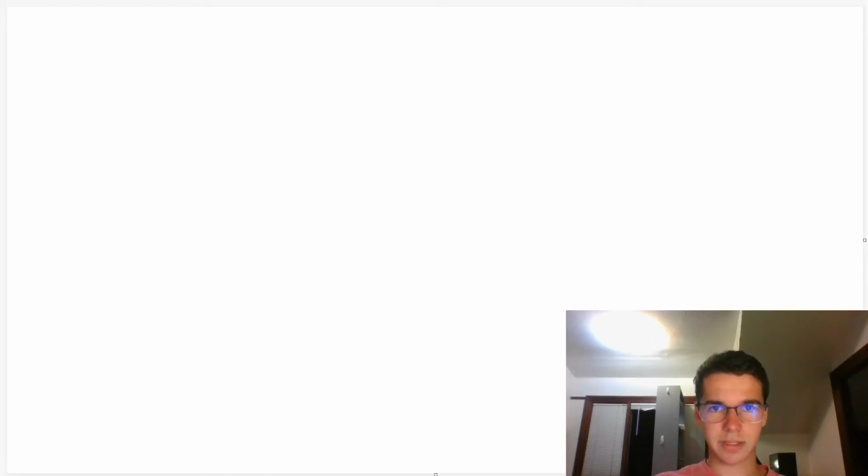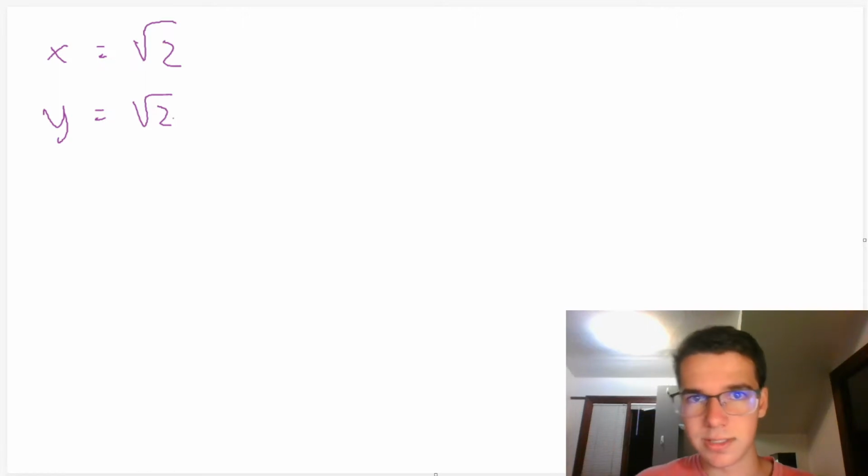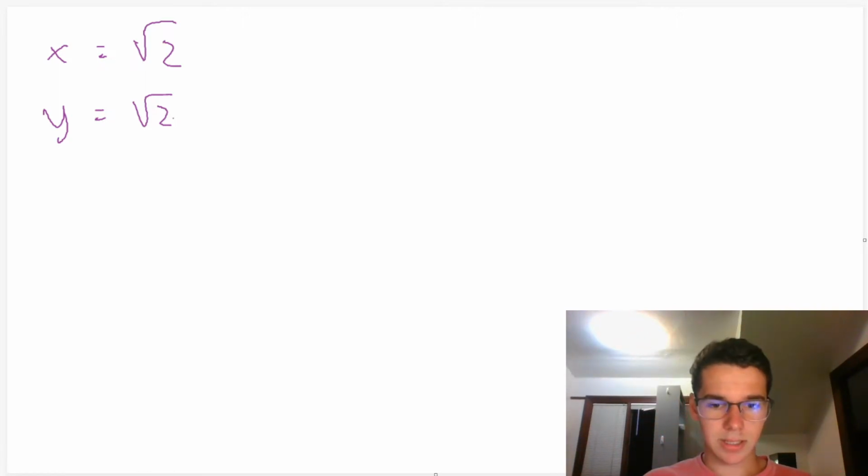We have two irrational numbers, and as per the notes, they are initialized to root 2 and root 2. This is handy because we just proved that root 2 is in fact irrational. And our proposition is saying that an irrational number to an irrational number yields a rational number, right?